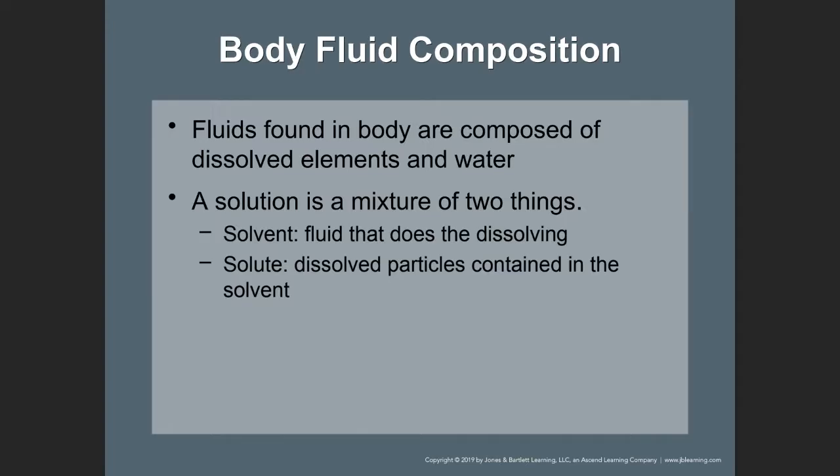So a solvent is a fluid that does the dissolving. The solute is the particles, the dissolved particles contained in the solvent. So solvent is the water, solute is the particles. Ensure that you know the difference.